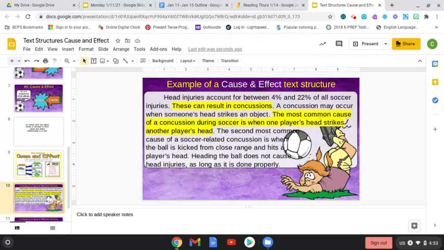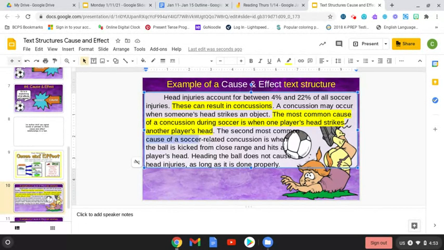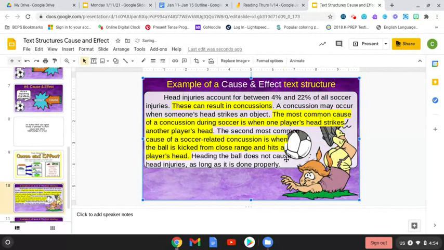The second most common cause, here we go, of a soccer-related concussion is when the ball is kicked from close range and hits a player's head. So another cause of concussions is when the ball is kicked at a close range of a player's head.